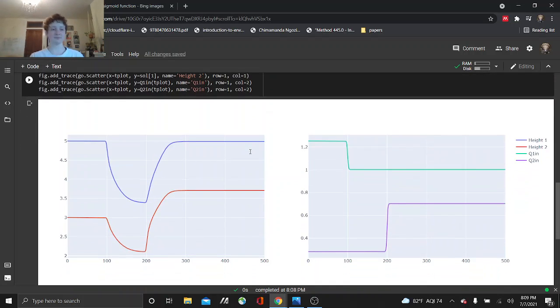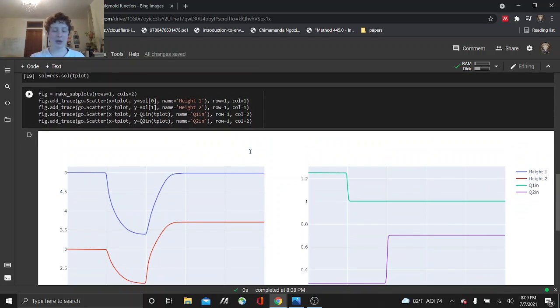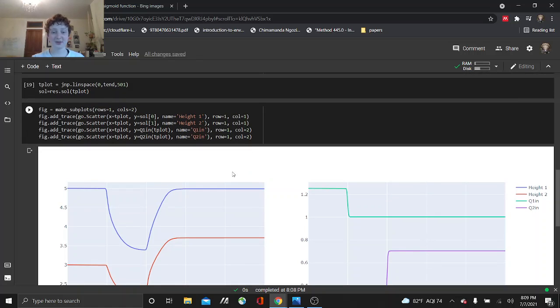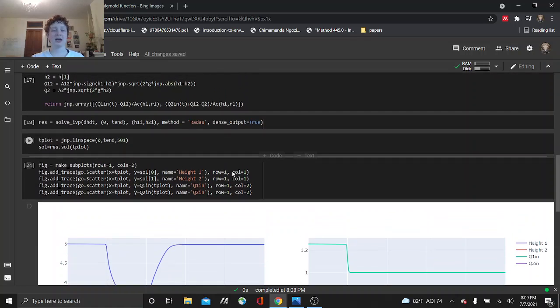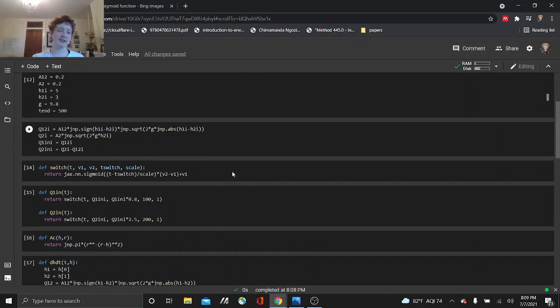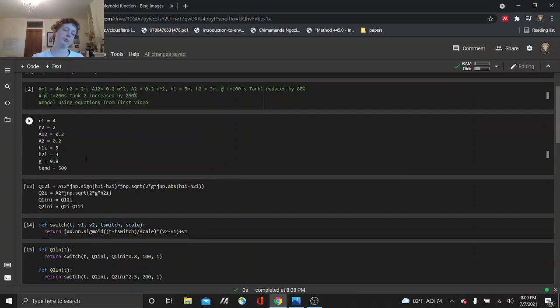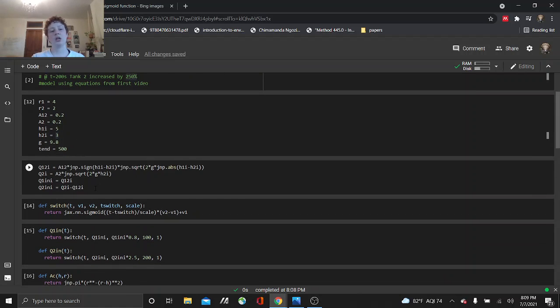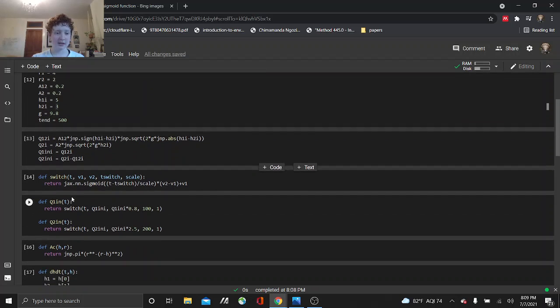There we go. So we were able to take those equations that we derived in my first video. First off, we started putting all of our variables in. We put in our initial flow rates, and we were able to solve for the initial flow rates.